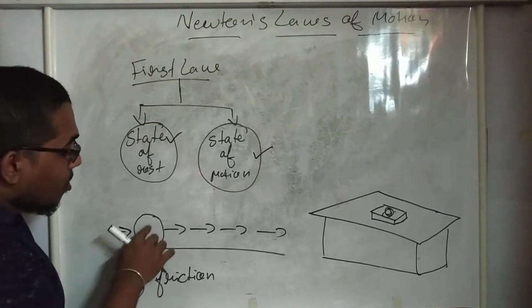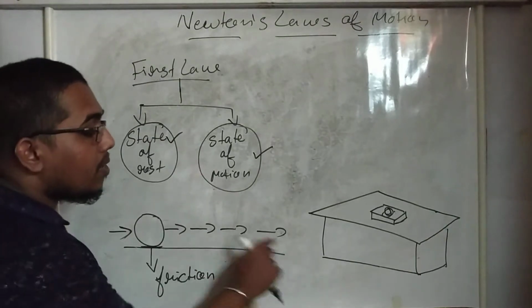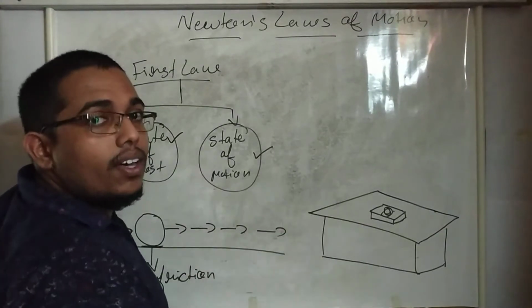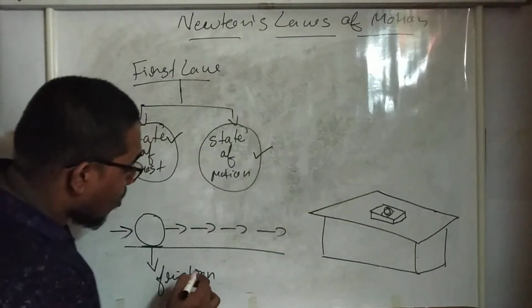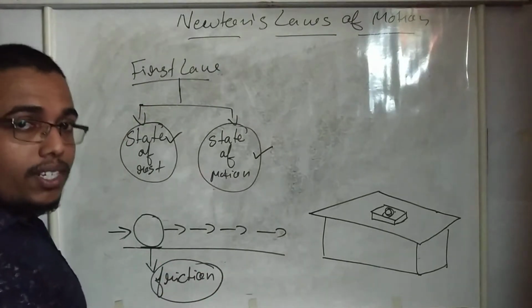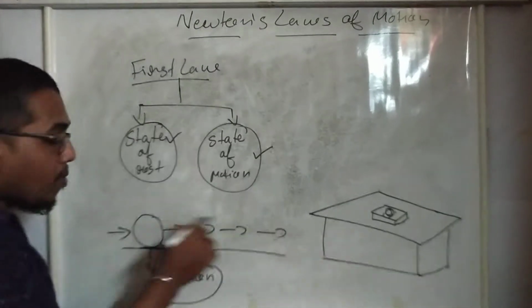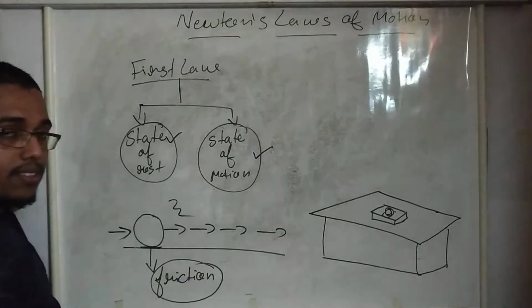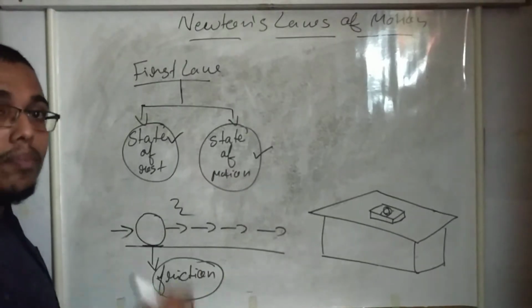Normally we know that after reaching a certain distance, the ball comes to the state of rest, because of the external applied force, that is frictional force. Suppose you imagine there is no force of friction and no air resistance. What will happen?